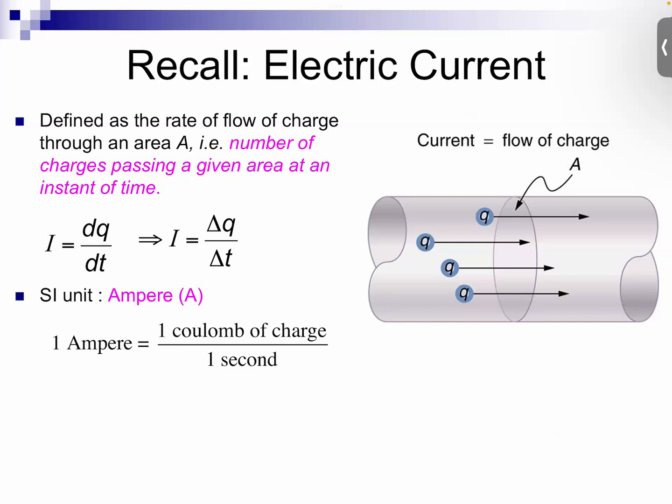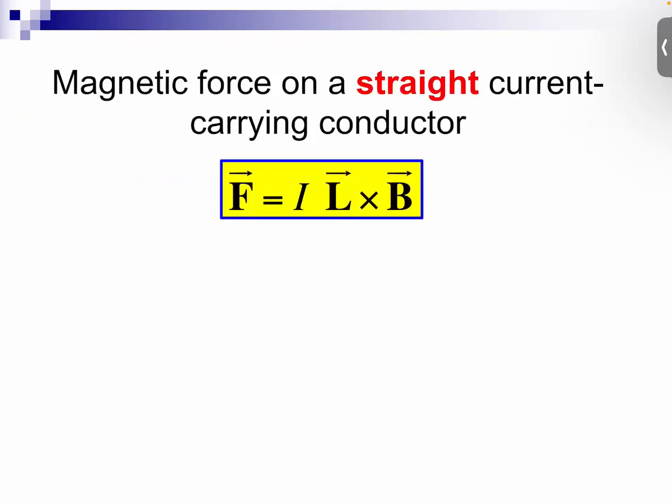So if we combine those two concepts, current being a moving charge and a moving charge experiencing a force in a magnetic field region, then it makes sense that if you have a wire with current flowing through it and you put that wire in a magnetic field region, then that wire will experience a magnetic force. And the magnetic force that wire experiences is given by this equation.